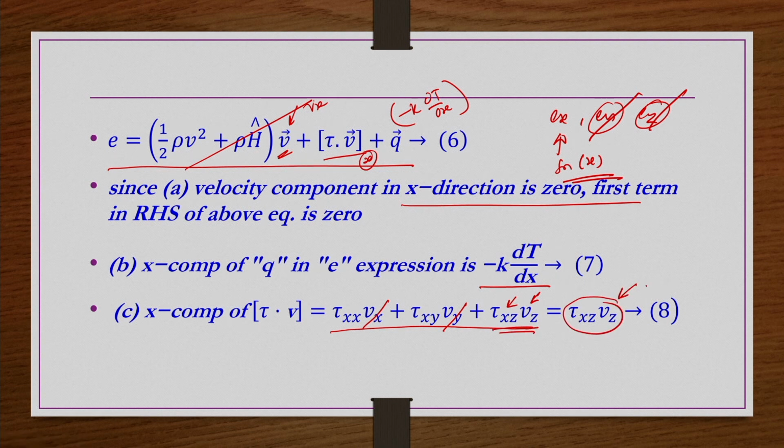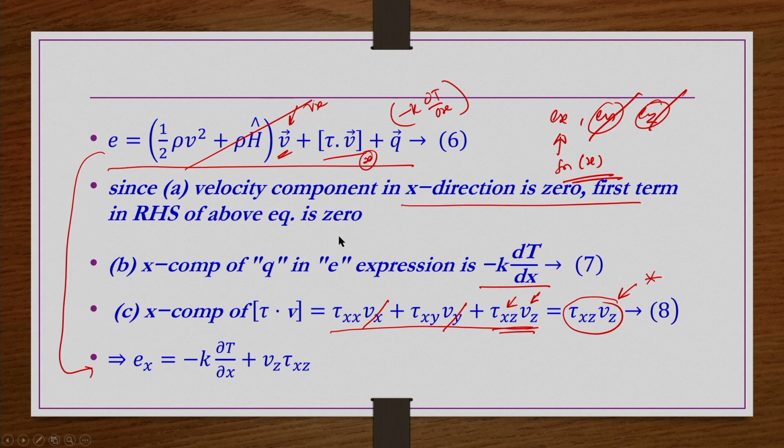This term is going to give you the contribution of viscous dissipation in the change of temperature. That is how we are doing it for the power law fluid, right. Now, finally the same equation, when you simplify using these 3 constraints, the E x component only, is E x equal to q x plus tau x z V z, where q x is nothing but minus k dou t by dou x. So, this is the one.